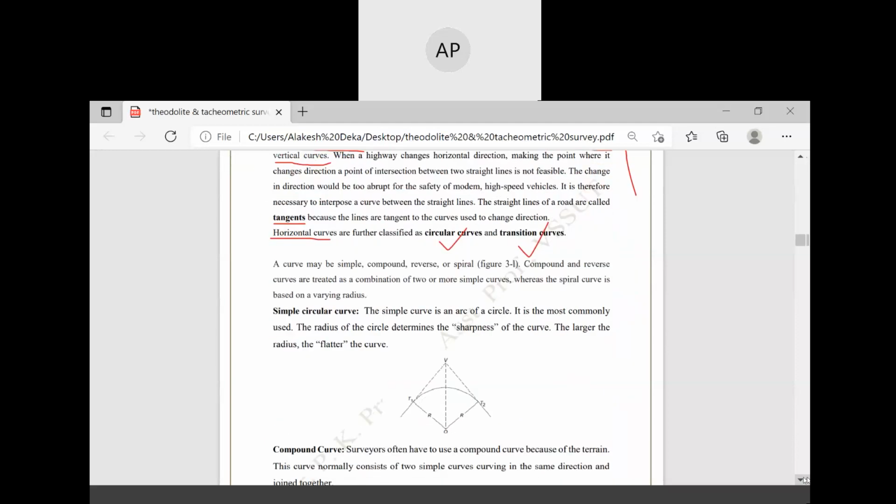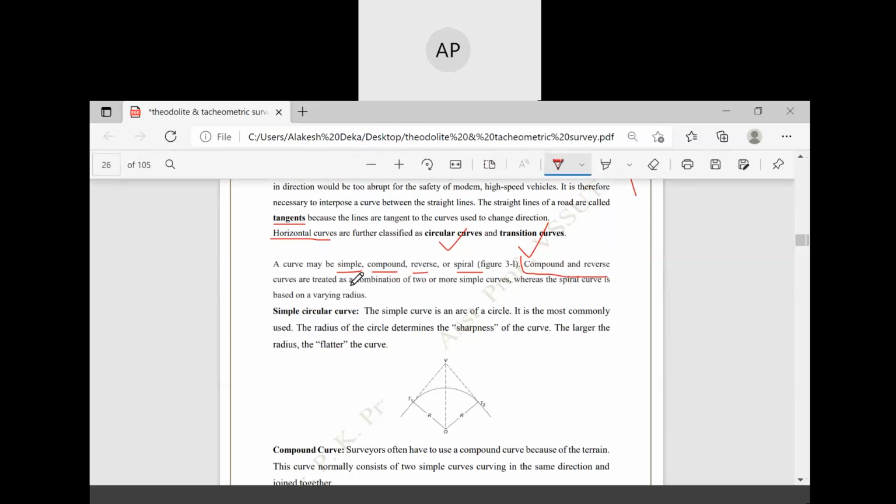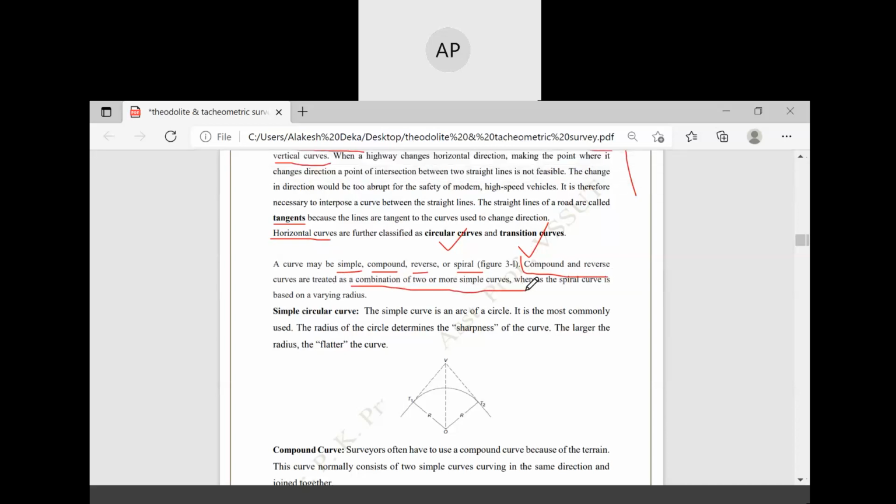A curve may be a simple curve, compound curve, reverse curve, or spiral. Compound and reverse curves are treated as combinations of two or more simple curves, whereas a spiral curve is based on varying radius.